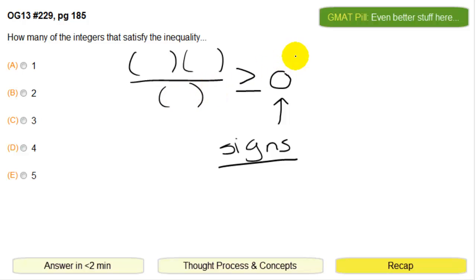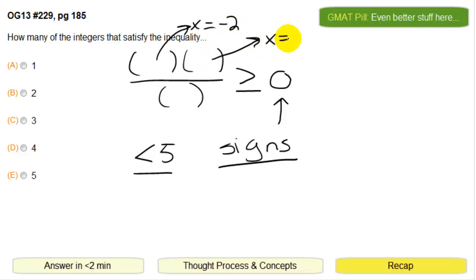And then for the values of x that are good, how many of them are less than 5? This is another requirement that they added. It turns out the top part allowed us to get the value x equals negative 2, and this one gave us x equals minus 3, and we said these are good.